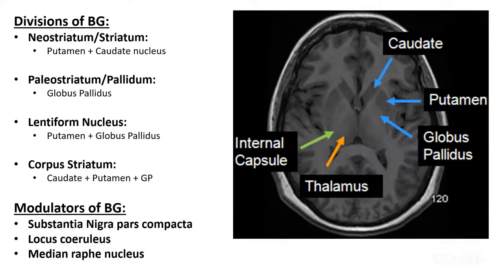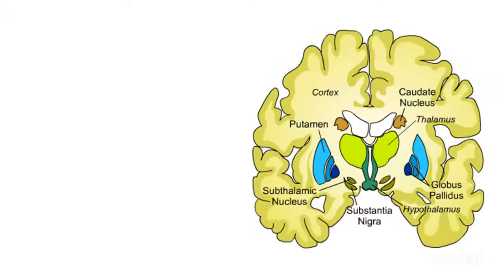The combination of putamen and caudate is called striatum, whereas lentiform nucleus is made up of putamen plus globus pallidus, and the combination of all three, caudate, putamen, and globus pallidus, is called corpus striatum.